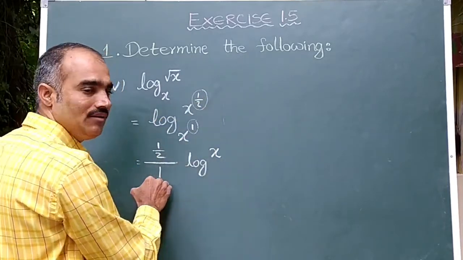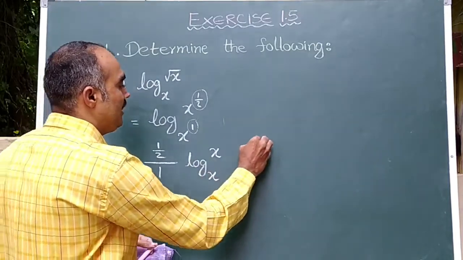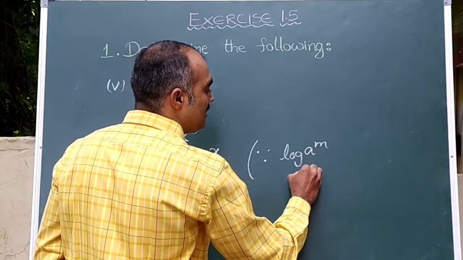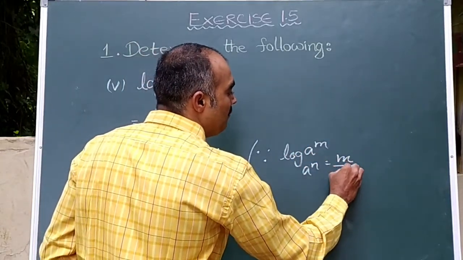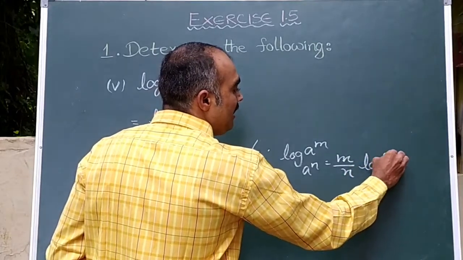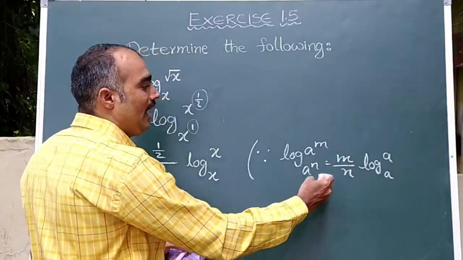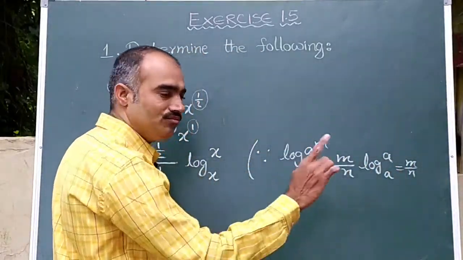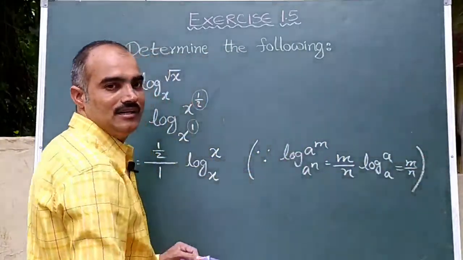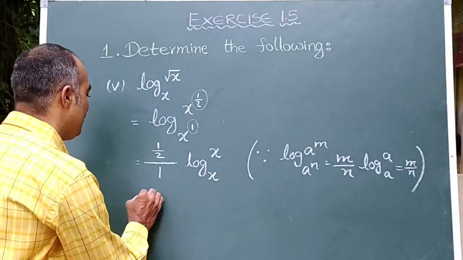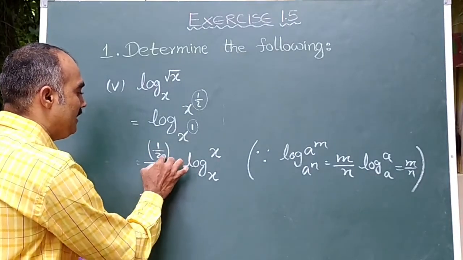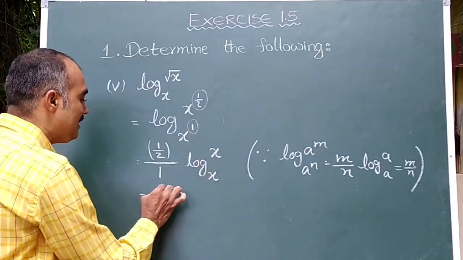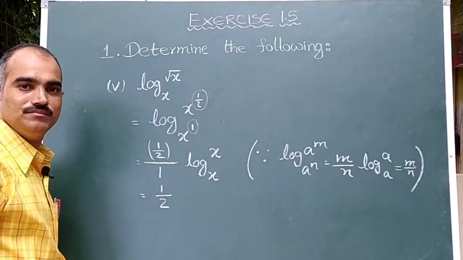The formula applied is log a power m base a power n is equal to m by n times log a base a, and log a base a is 1. So we can write it as m by n, children. In that way also we can close the problem. So this is m by n into log x base x, this is already 1, so this one gets cancelled. So the final answer is 1 by 2.